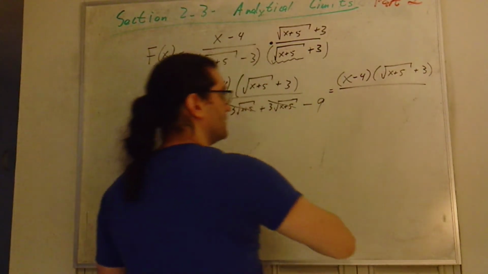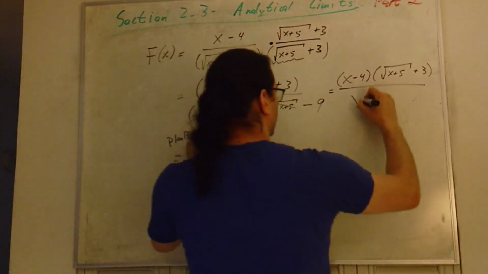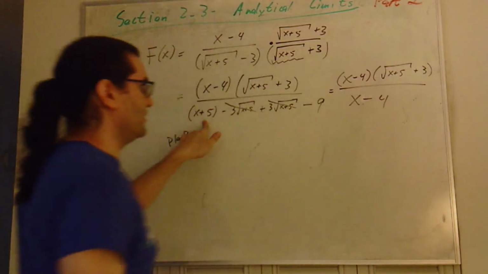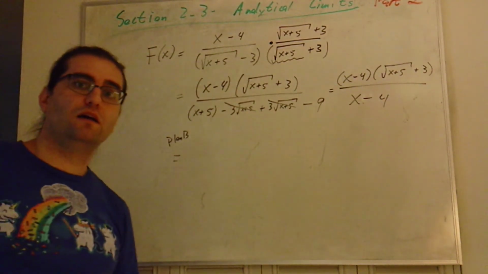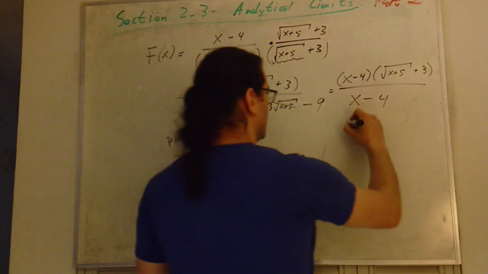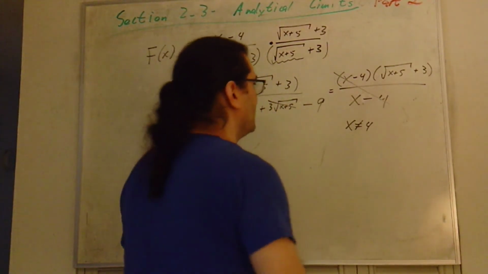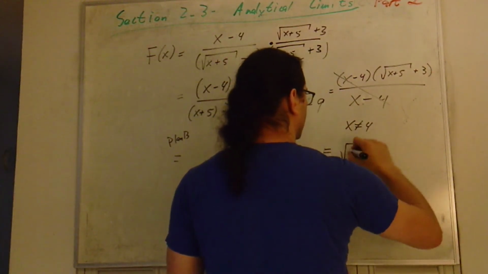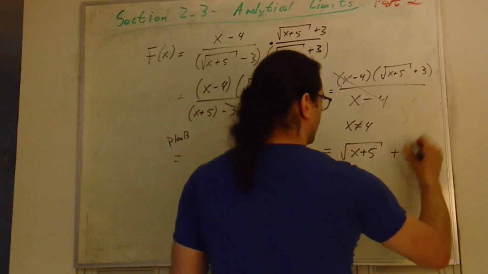On top, x plus 5 minus 9 should give me an x minus 4 on the bottom here. Which works out really nicely for me, because as long as x is not equal to 4, we can cancel that. And this whole thing is really just root x plus 5 plus 3.